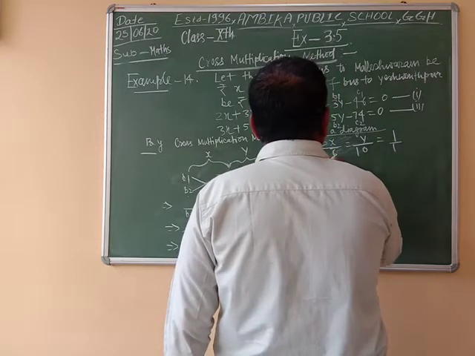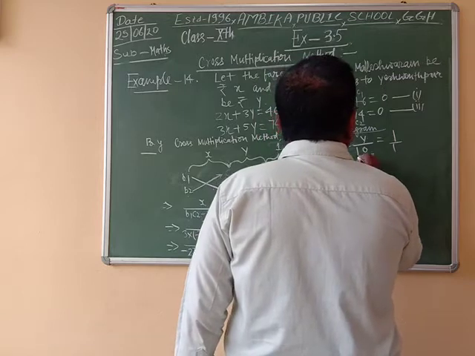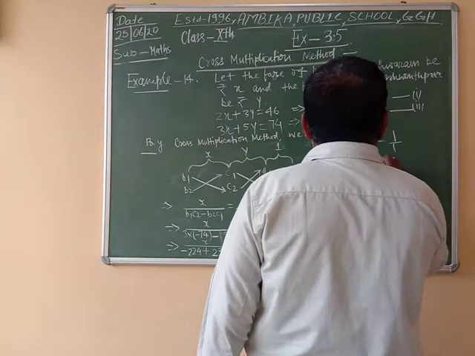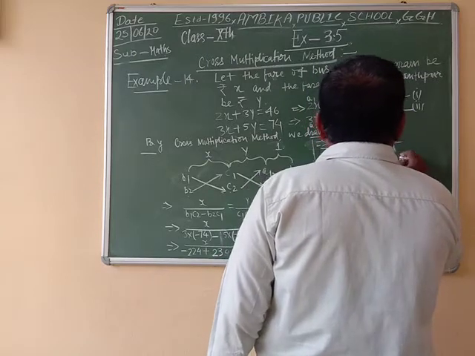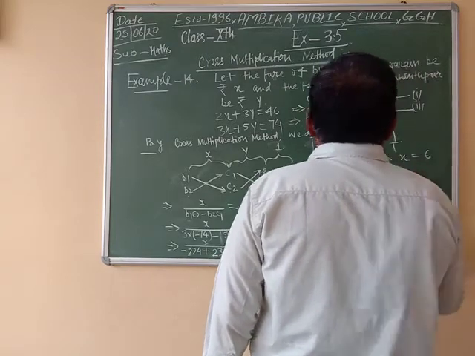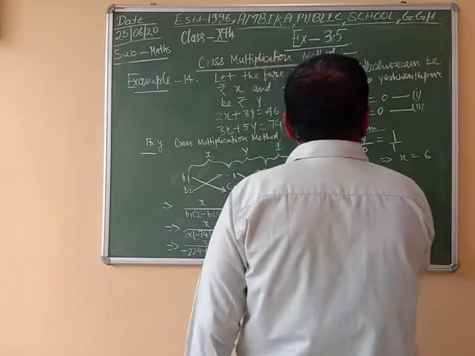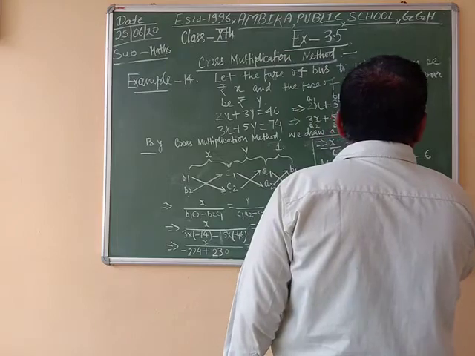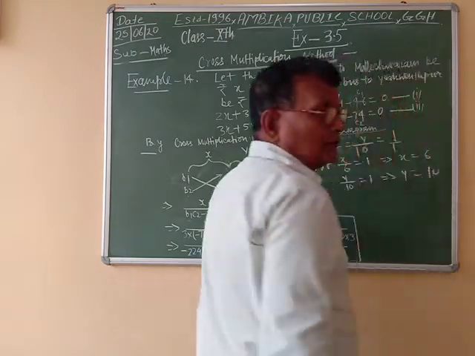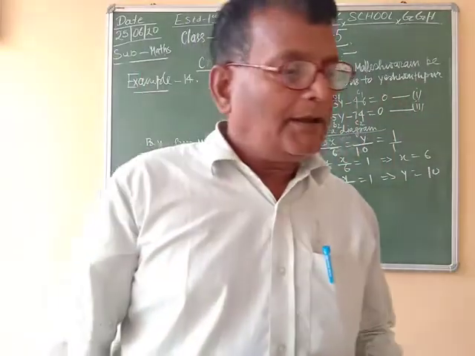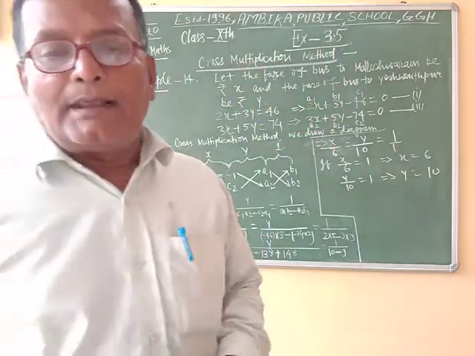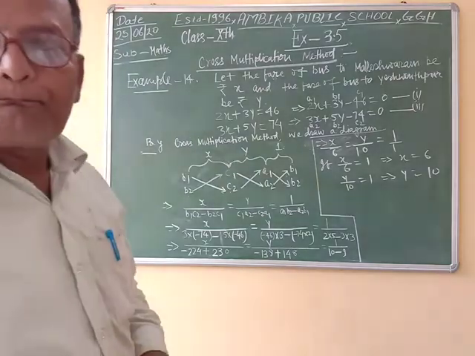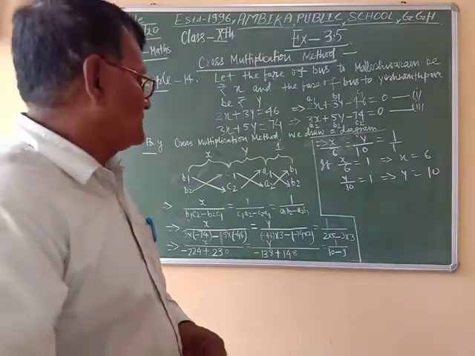If x by 8 is equal to 1, x is equal to 8, and y by 10 is equal to 1, y is equal to 10. So the value of x is equal to 8, y is equal to 10.